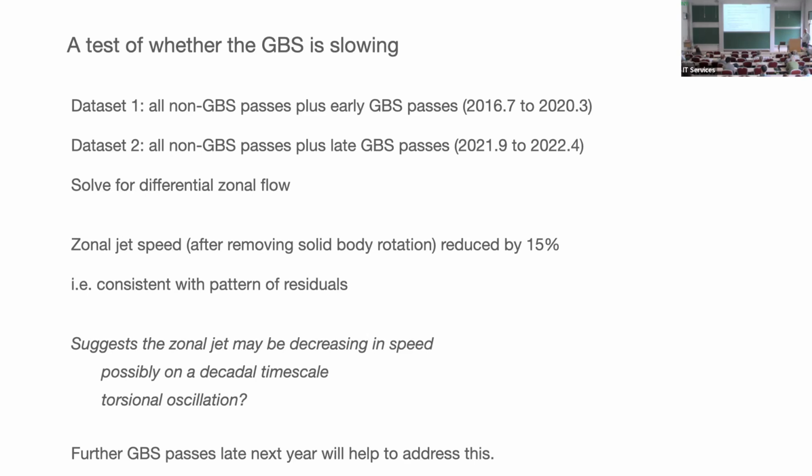So possibly we're seeing some indication of a torsional oscillation affecting the zonal jet speed. Late next year, we have another sequence of passes coming up over the Great Blue Spot. And I think those additional passes will enable us to say much more about what's happening in terms of fluctuations in the rate of drift of the spot.